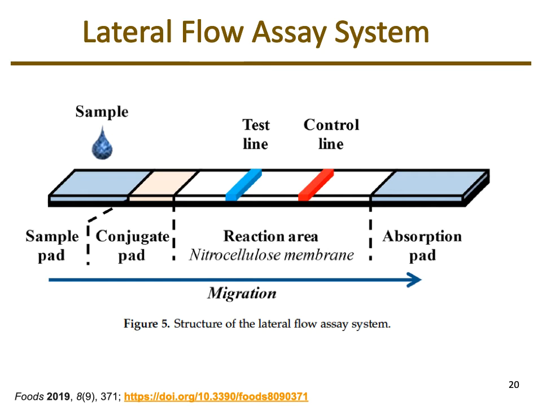And as it moves through, it gets drawn through this conjunctive pad. And so in there, this is where we would have antibodies present. And then it moves towards the test line and control line, which is in this nitrocellulose membrane. And when it reacts to these different substrates, if it's brought antibodies with it, it will react to the material that's in the nitrocellulose membrane.